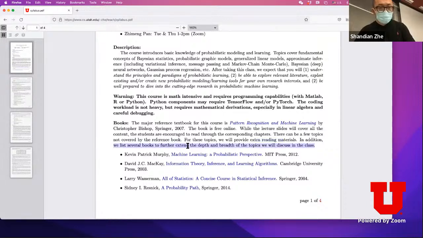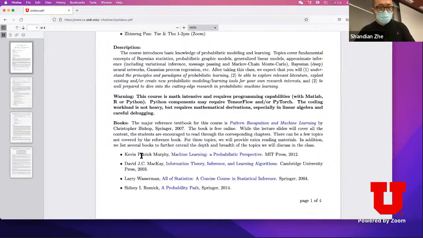We also list several books to further extend the depth and breadth of topics we're going to discuss. This book is called Machine Learning: A Probabilistic Perspective, written by Kevin Murphy. He's at Google now; previously, he was a professor at UBC.